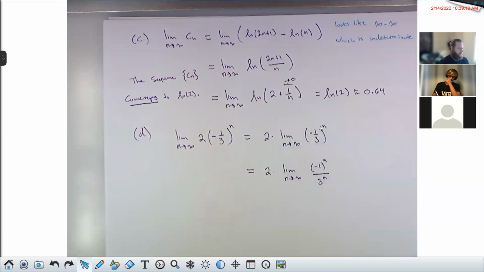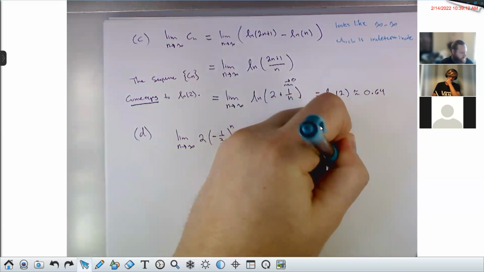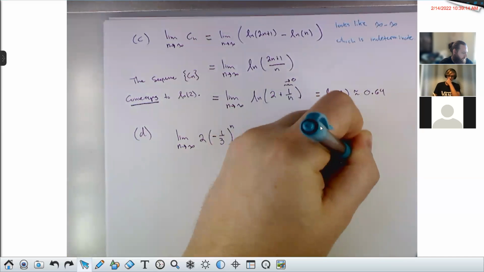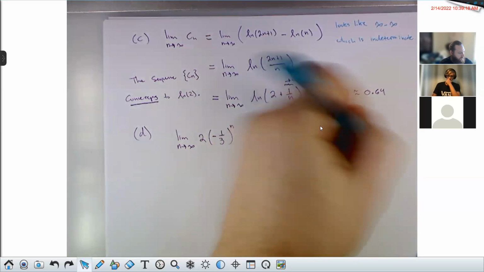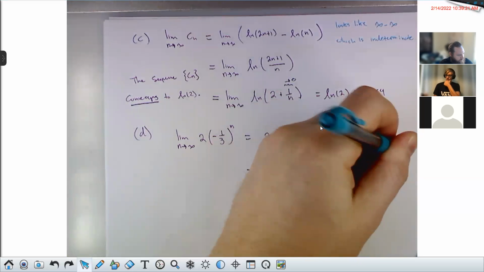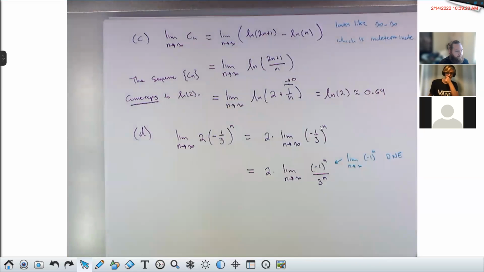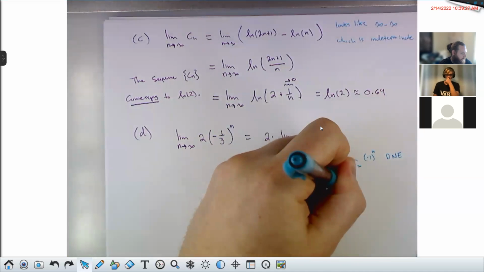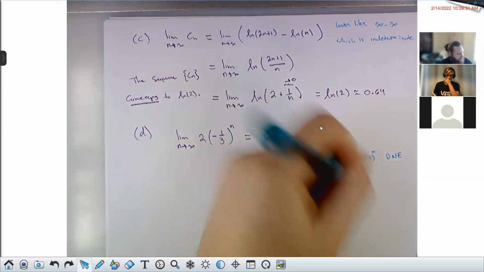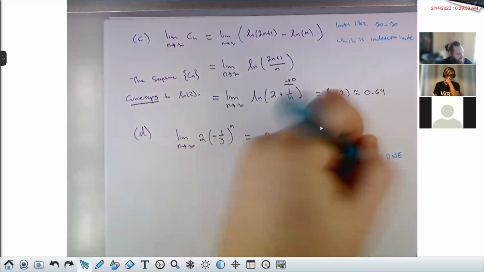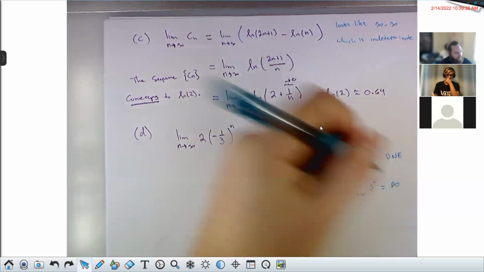The top piece here, on its own, the limit as n goes to infinity of negative 1 to the n does not exist. So if you want to try and think of taking the limit of the top and bottom separately, we're in trouble there. The limit of the bottom, limit n to infinity 3 to the n, just like 2 to the n, is infinity.